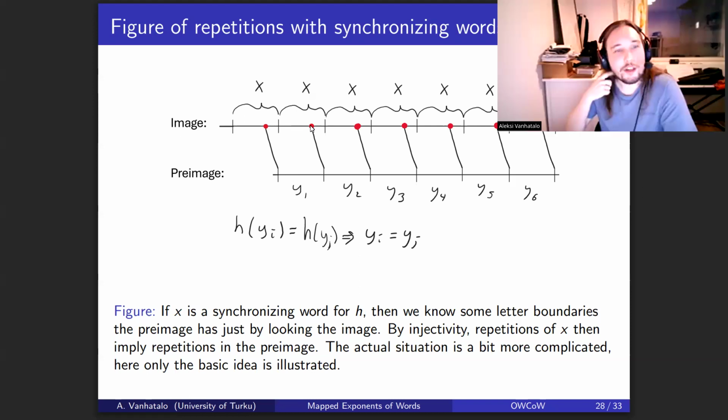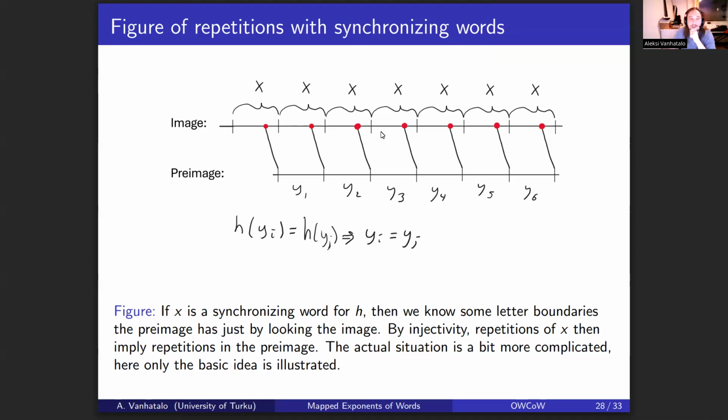And if this word repeats, then this point also obviously repeats, and then we always have new repetition, new letter boundaries in the pre-image side, like this. And then these middle words here map to something similar, and by injectivity they are the same.